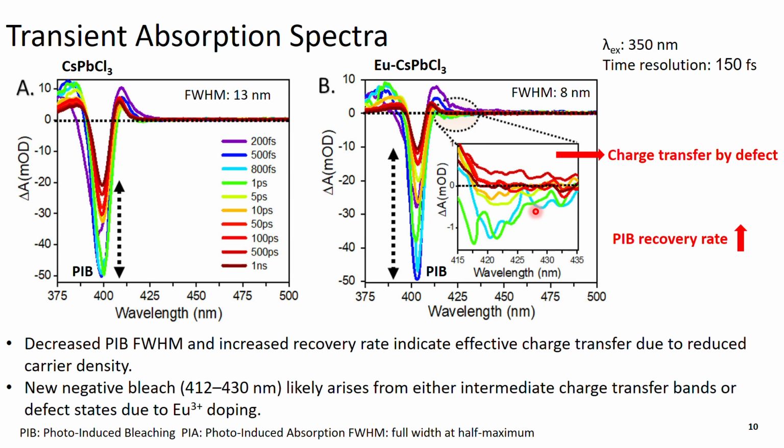But this absorption we will not see in the steady state absorption spectra. So we say this is by the charge transfer, and it passes through the defect to do the charge transfer.